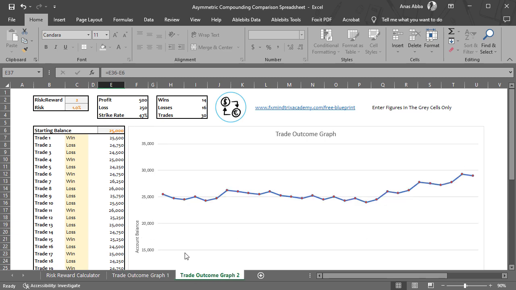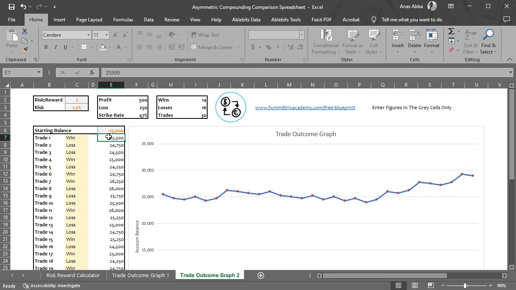Now, for this outcome, whenever you win a trade, like I told you guys, you're going to risk your winnings and the default risk per trade on that particular account. So for this example, let's say the first trade you took was a winning trade and you're risking 1% of this account's capital on each trade you take with a 1:2 risk to reward ratio. Well, it's going to work out that you're going to be risking $250 to make $500.